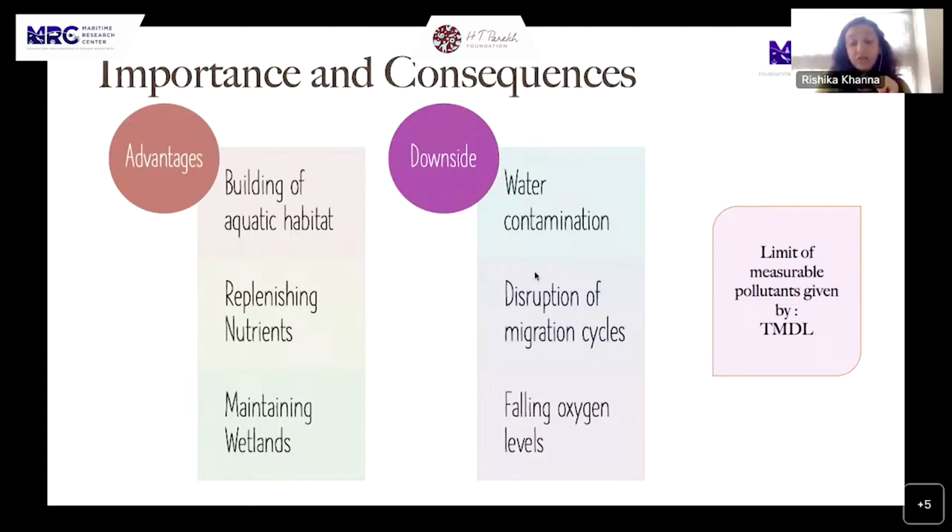Oxygen levels also fall when water temperature rises due to increasing sediment level, because sediments generally absorb more heat than water. So to keep in check the sediment balance levels, there is a measurable unit given by total maximum daily load (TMDL), which establishes the limit of the measurable pollutants and parameters for a water body.